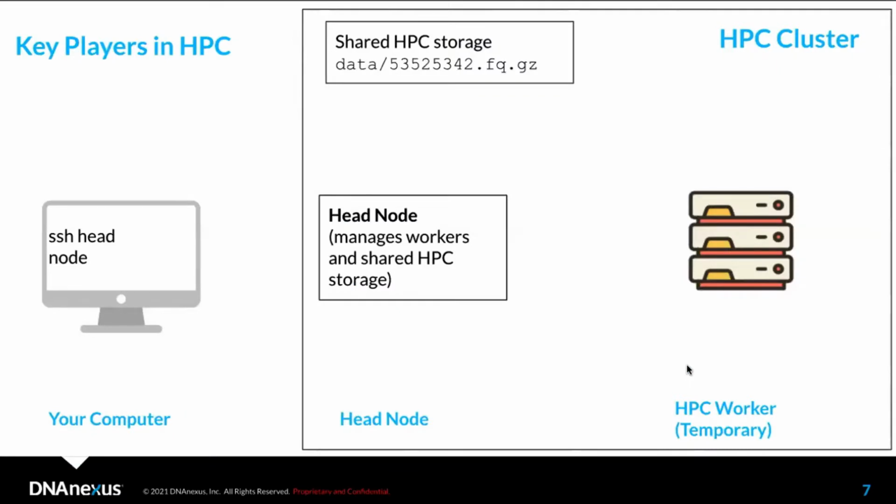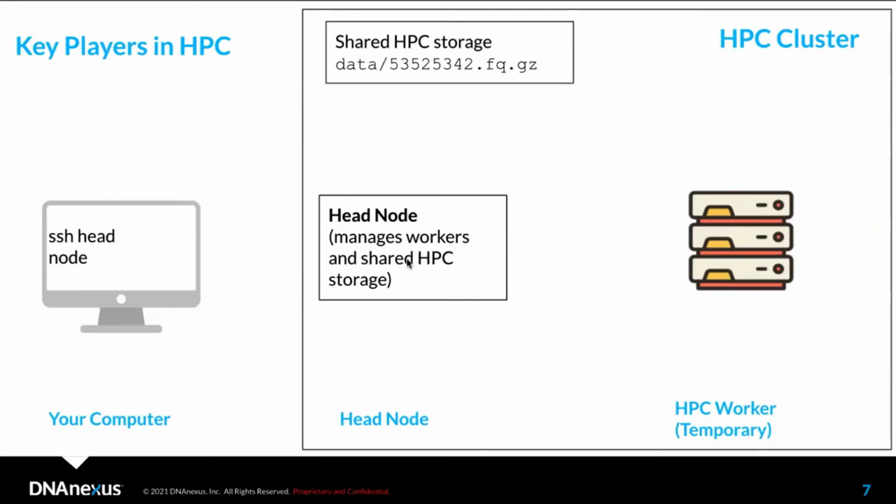I think a lot of you are familiar with HPC, so I just wanted to highlight some of the key players and show how they map onto cloud. Obviously, you're starting all of your jobs from your own computer, and you're going to SSH into the head node on HPC. And of course, the head node is the boss of everything on HPC.